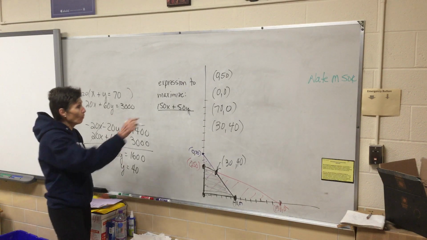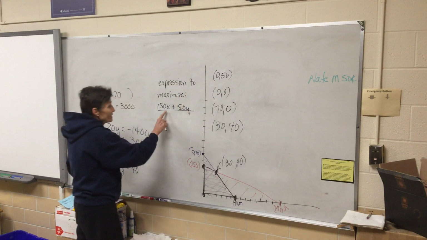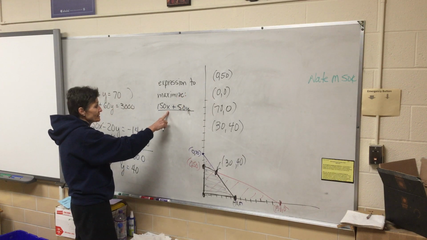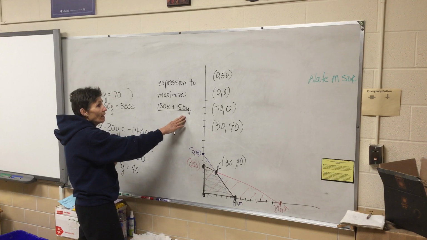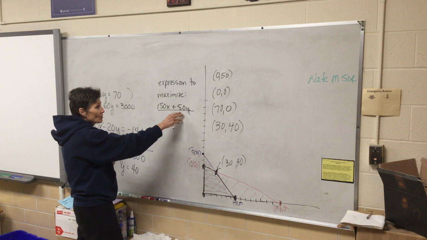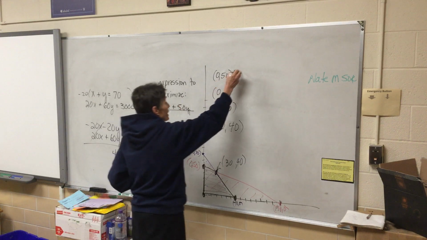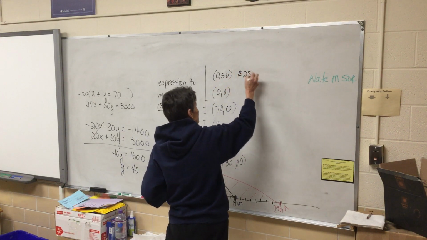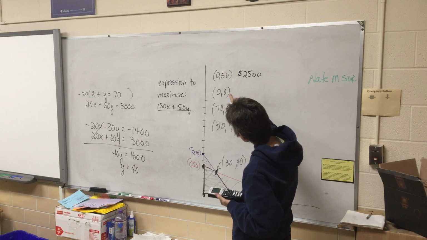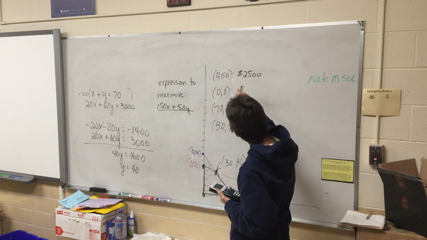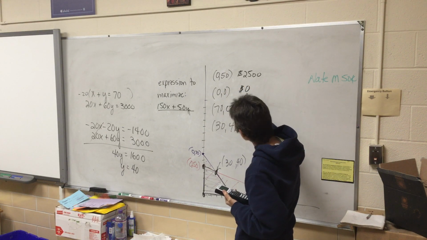So for that first point, it says no x's. He's not going to plant any potatoes, and he's going to plant 50 acres of corn. So that would be $2,500. So that's his profit if that's what he does. Now, obviously, for this point, if he doesn't plant anything, he's not going to profit anything. So that's a 0.